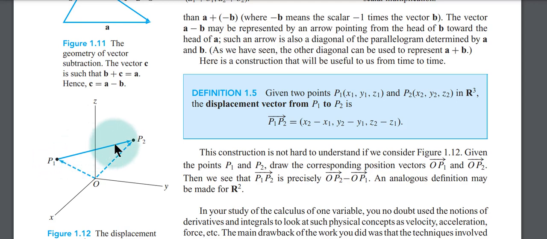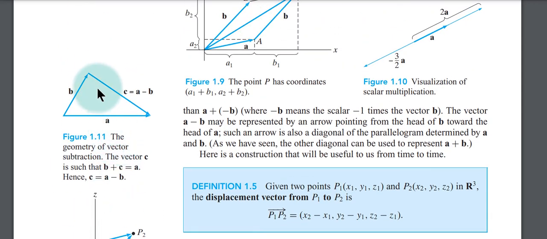So this is sometimes called the displacement vector. So what does that mean up here? The displacement vector from B to A is A minus B. It sounds a little strange, but that's what we have here.